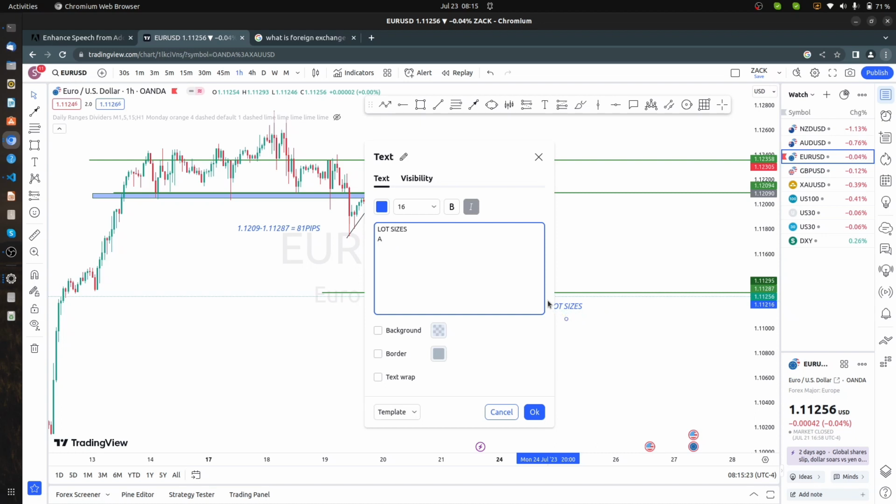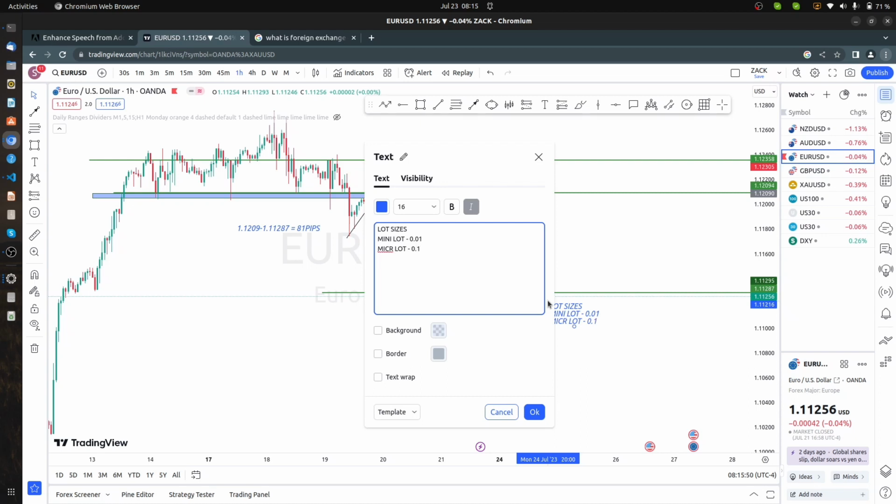So we have a mini lot, which is of values in terms of 0.0 something, could be something like 0.01. Then we have a micro lot. The micro lot could be 0 point something, so like 0.1 there.